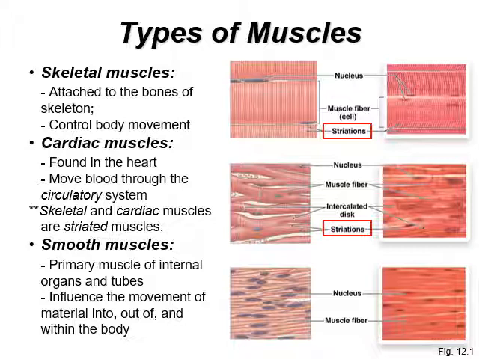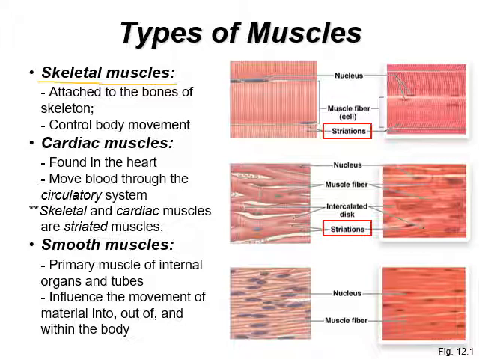For our skeletal muscle, if you remember, they are attached to the bones and they traverse a joint. So when they contract, they are controlling body movement. They're making movement of our bones. And also, if you remember, these skeletal muscles are controlled by the somatic motor nervous system. So that's our voluntary motor system. We have to consciously think about contracting our muscles.